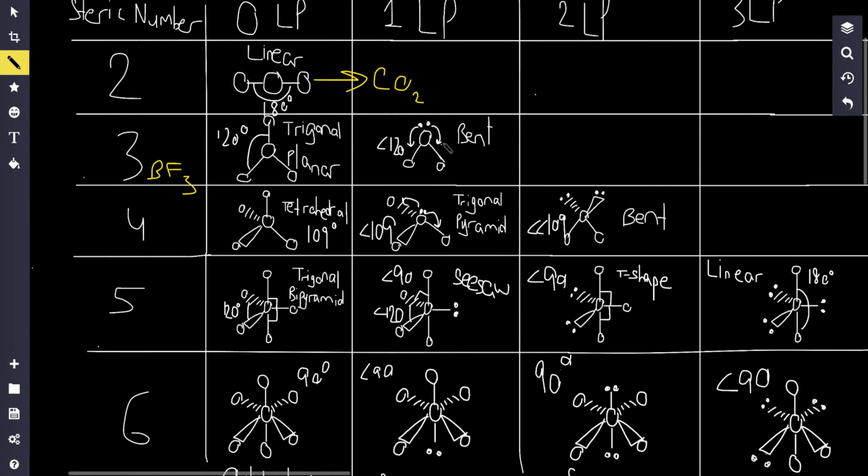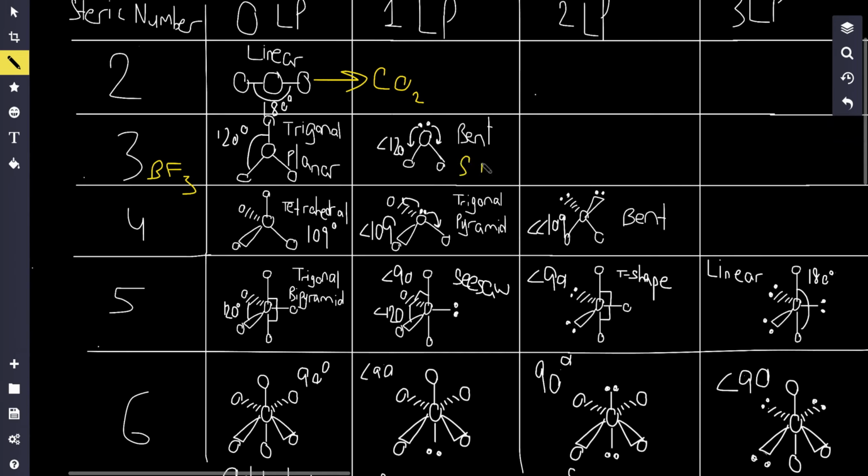For the bent shape, you can think of SO2, sulfur dioxide.